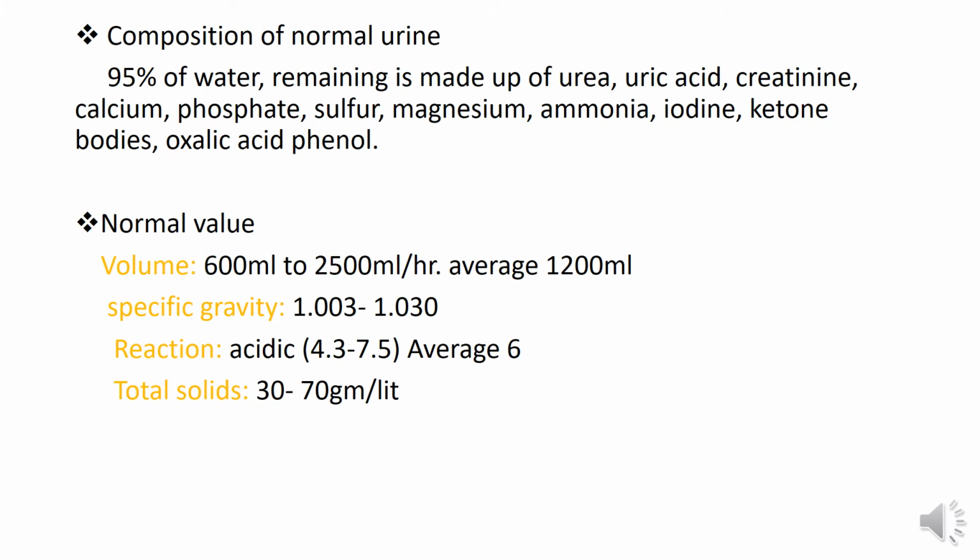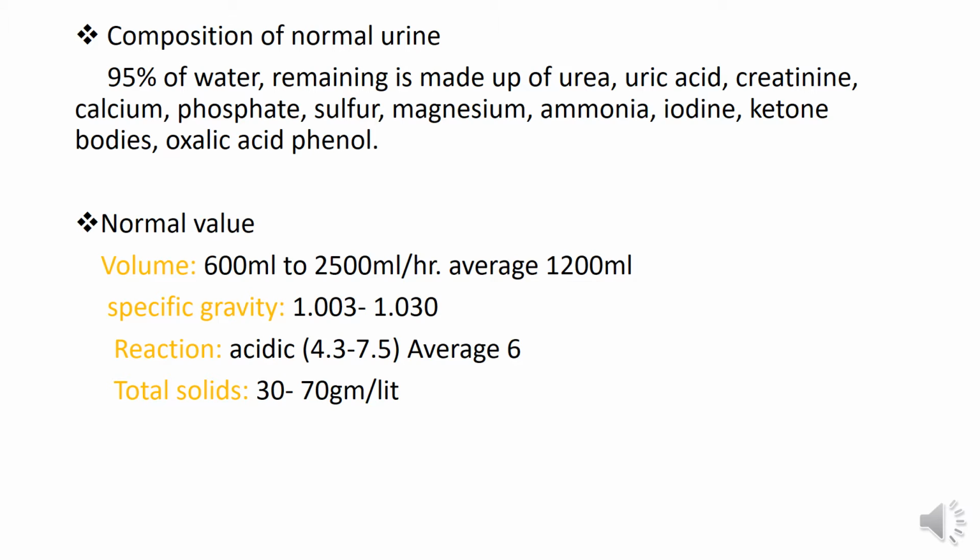Next is the composition of normal urine. Urine contains water-soluble waste products removed from the blood by the kidney. Normal urine consists of about 95% water, and the remainder is made up of urea, uric acid, creatinine, calcium, phosphate, ketone, etc. The normal volume of urine is 600 ml to 2500 ml per day and the average volume is 1200 ml.